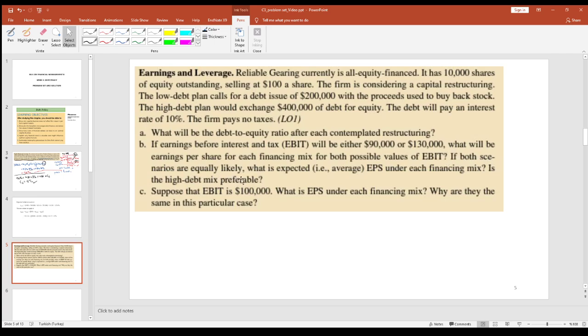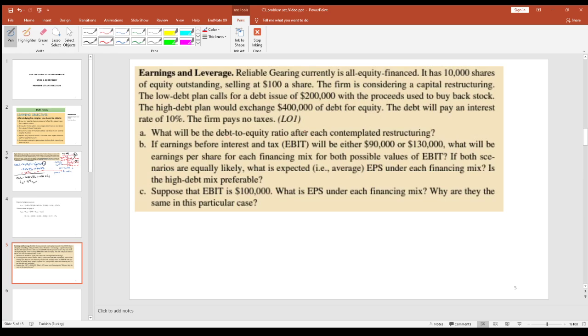If both scenarios are equally likely, what is expected or average earning per share under each financing mix? Is the high debt mix preferable? For part B, we also have two situations. C, suppose that earning before interest and taxes is $100,000. What is earning per share under each financing mix? Why are they the same in this particular case? So let's start with the first one.